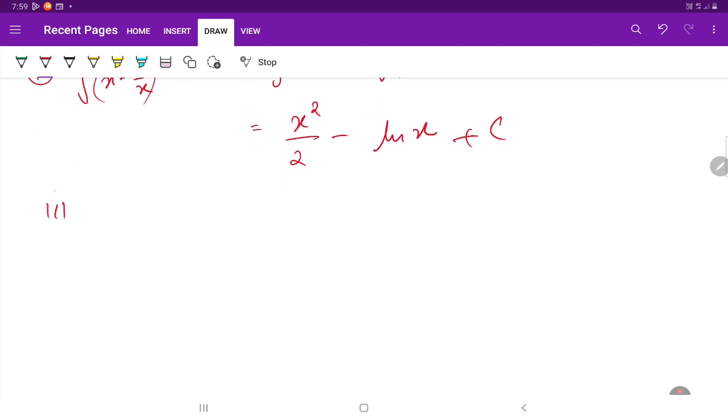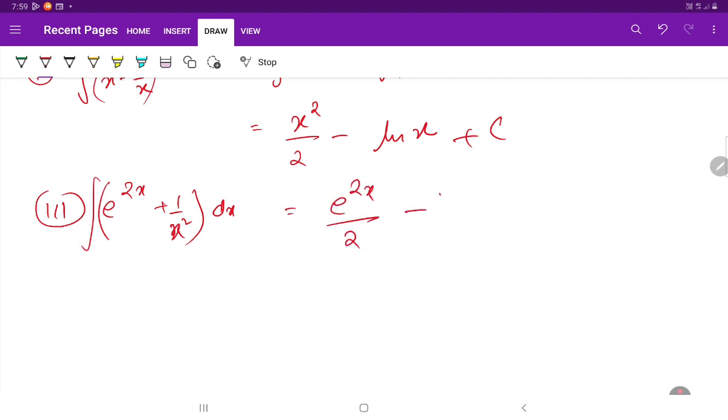The third problem is integration of e to the power 2x plus 1 by x square dx. It will come out to be e to the power 2x by 2 minus 1 by x. Integration of 1 by x square can be written as x to the power minus 2 plus 1 upon minus 2 plus 1, which gives minus 1 by x.